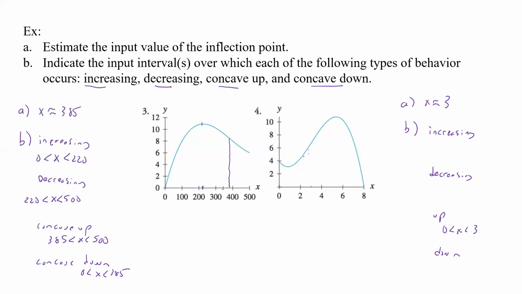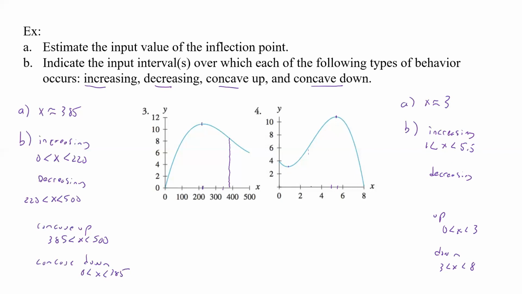And down is from 3 to 8. So 3 less than X less than 8. So that was easy. Now increasing, well, it's decreasing here, so it's going to be increasing from, let's say about there, which is, I'm going to say 1 less than X, and it's going to go all the way up to about that point, which is, well, that would be 5, but it's more than 5, so maybe X less than 5.5, maybe.